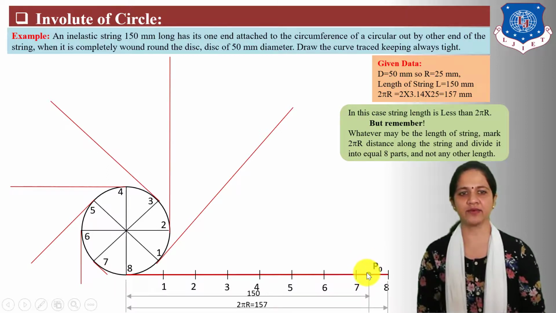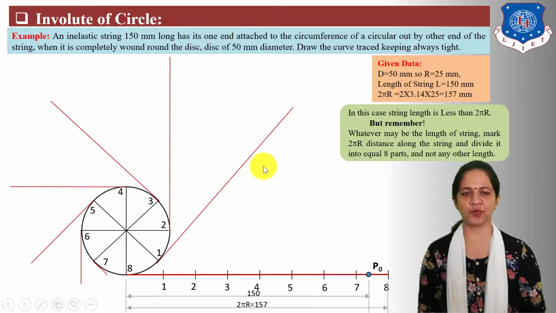Now here, the winding process is done by the 150 mm length string. Next, for the P1 locus point, take distance 1P0 and transfer the 1P0 distance on the first position of the string and locate here the P1 locus point.